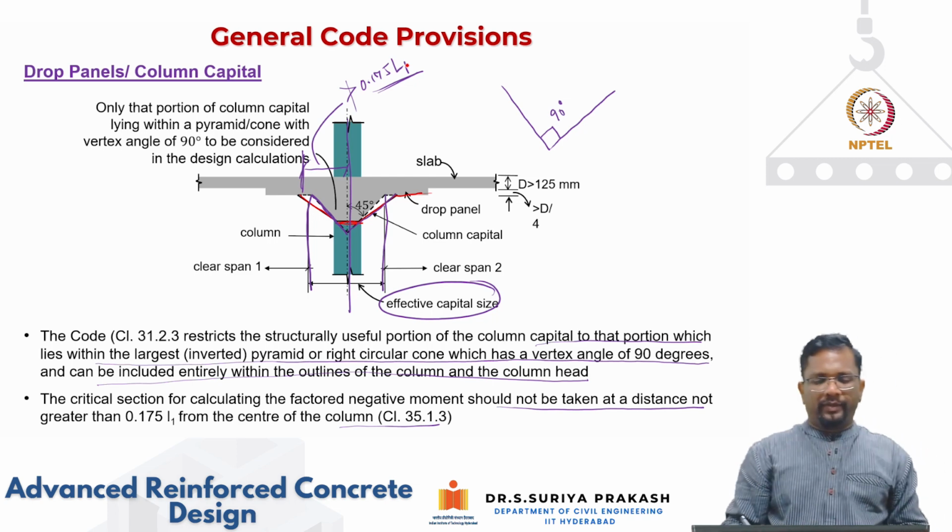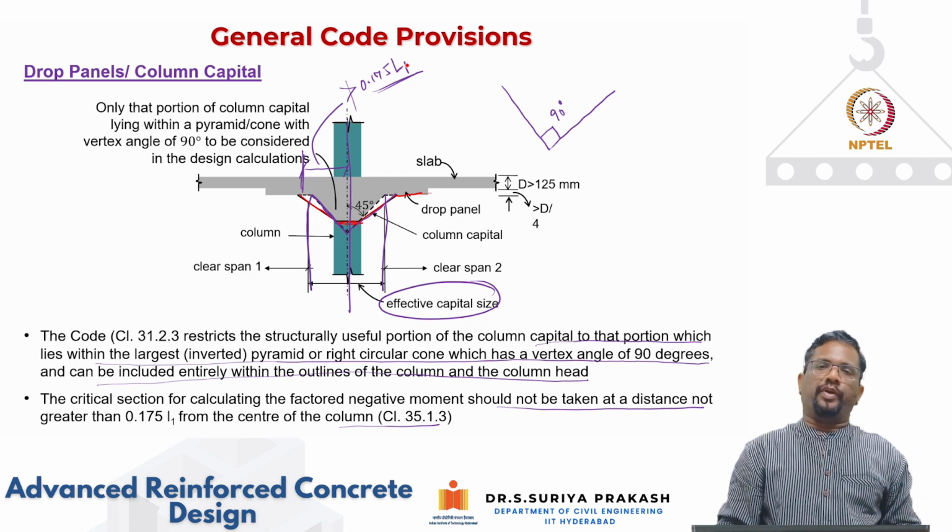So these are the provisions for drop panels and column capitals, especially when you have a flat slab.